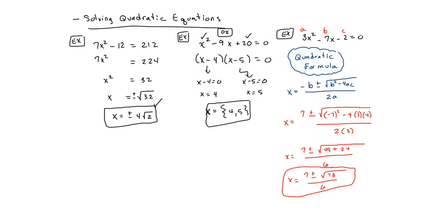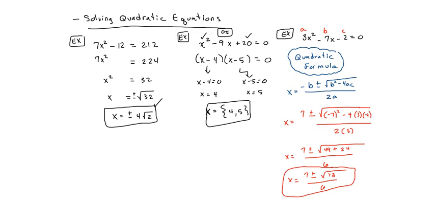That would be one answer. The second answer would be 7 minus the square root of 73. So you would get a negative number divided by 6, and you get a long decimal like negative 0.345. I'm just making it up, but you do get 2 answers.